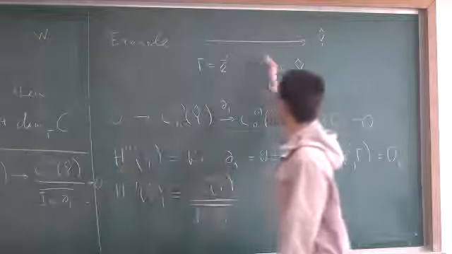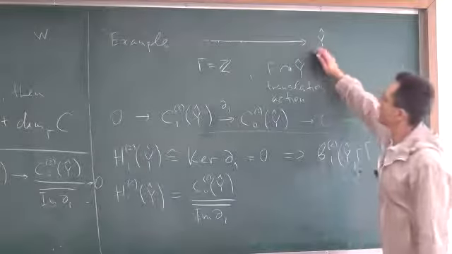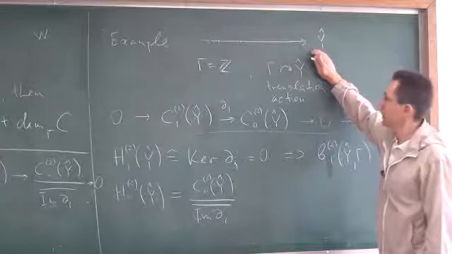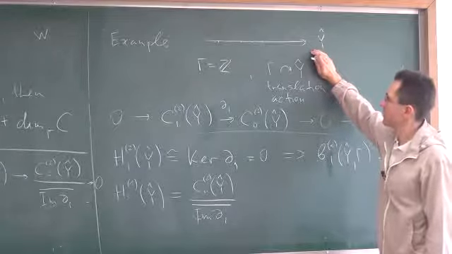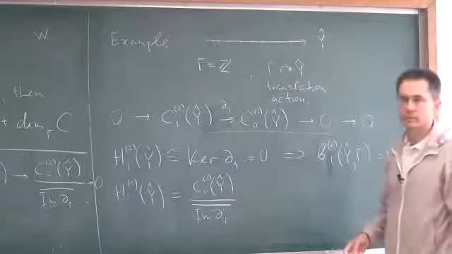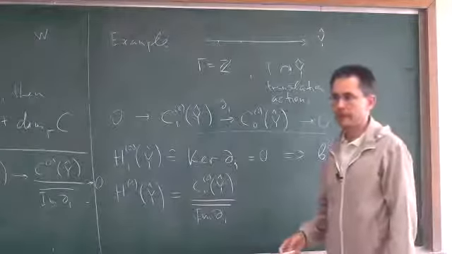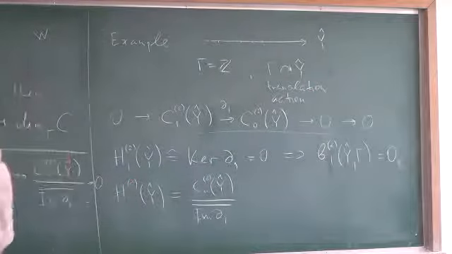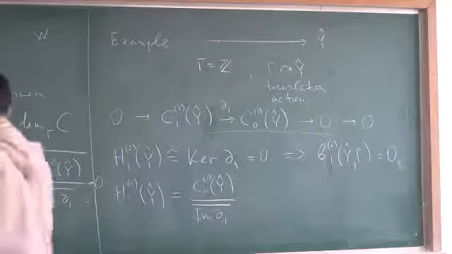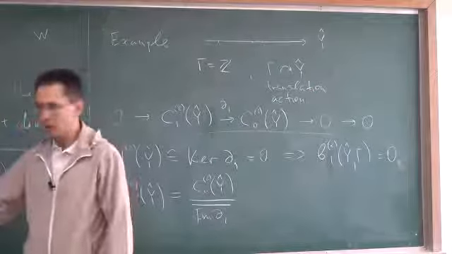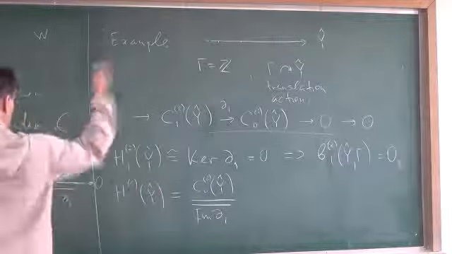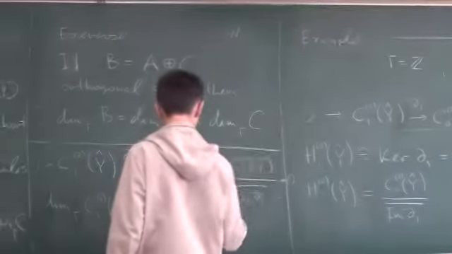We have a gamma action on the set of edges in this graph. How many gamma orbits of edges do we have? Just one orbit. So this space is actually isomorphic to L2 of gamma. We have a copy of L2 of gamma for each orbit, but we have only one orbit in this case, so that's the same thing as L2 of gamma.